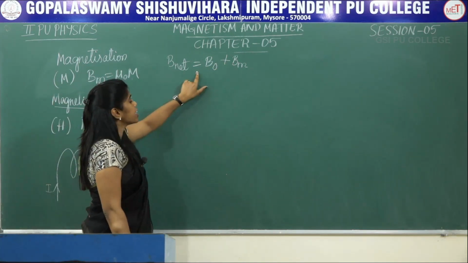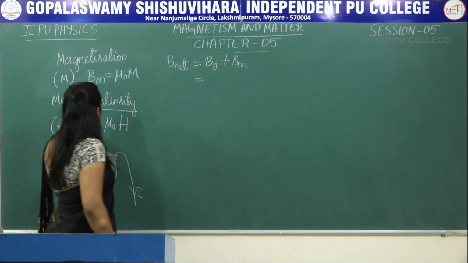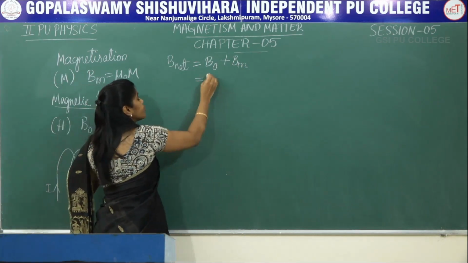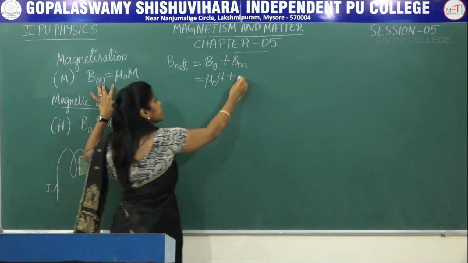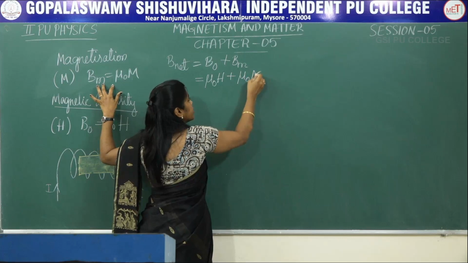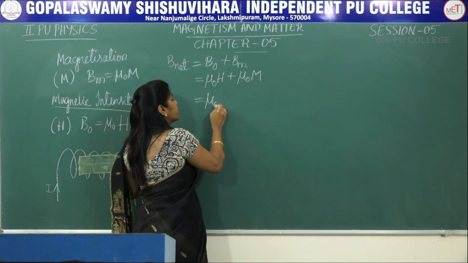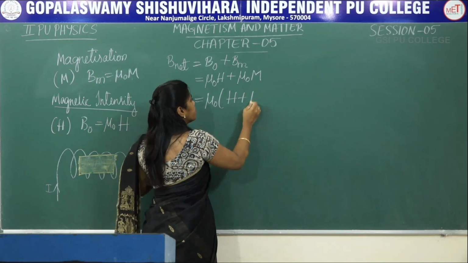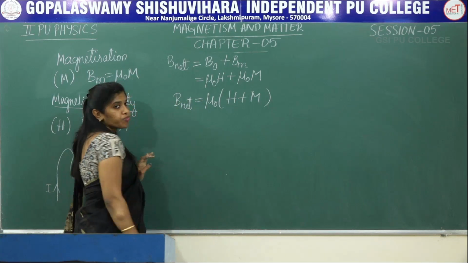Therefore, B net is equal to B naught plus Bm, and this will be equal to, what is B naught? B naught is mu naught H plus, what is Bm? It is mu naught m. This will be equal to, take out mu naught common, then this is H plus m. This is B net.